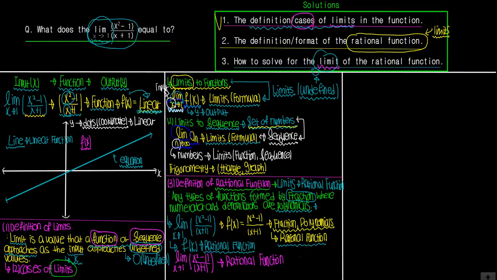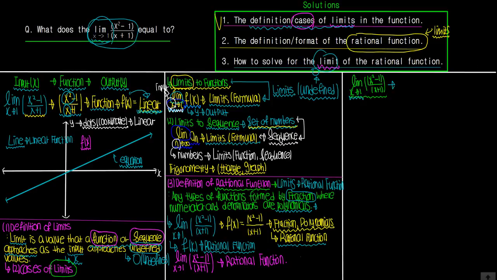We can clearly see that it is a rational function. So what does this mean? Let's write it again in the top right. The limit as x approaches 1 of x squared minus 1 over x plus 1. What is the actual meaning in our rational function? As x approaches, what is the definition of approach?